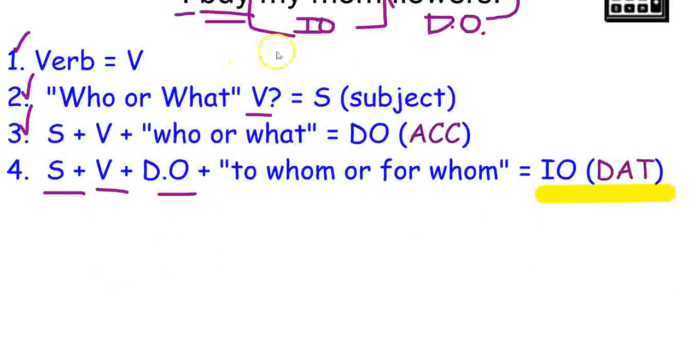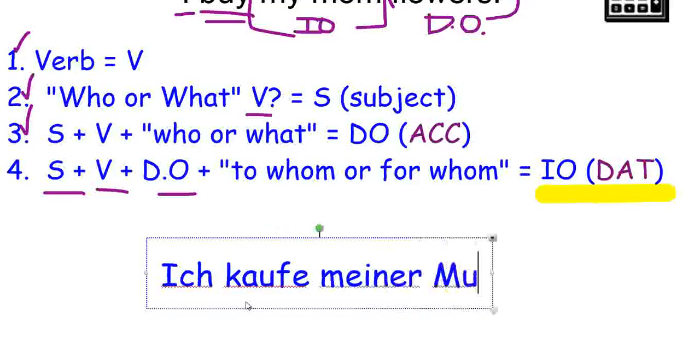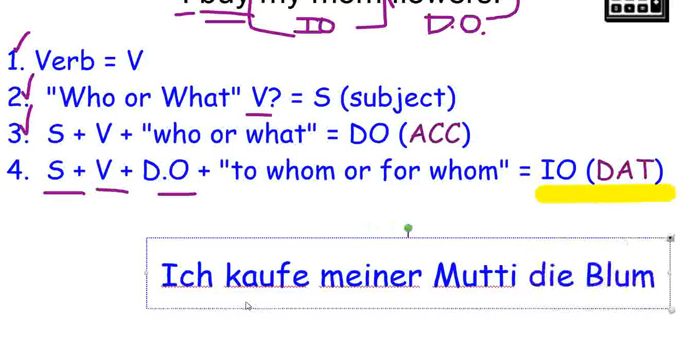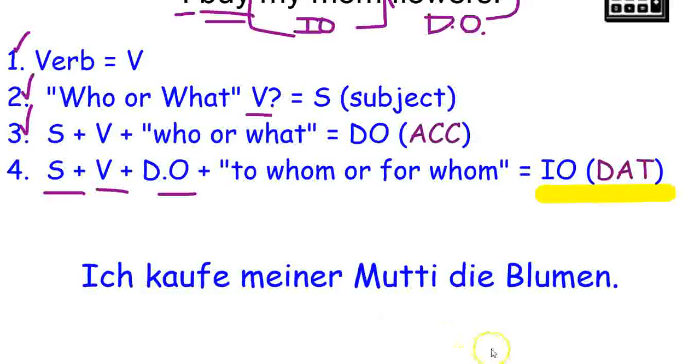This sentence in German would be: I buy meine, I think I said mom, Mutti die Blumen. I buy my mom the flowers. And here we have it in German.